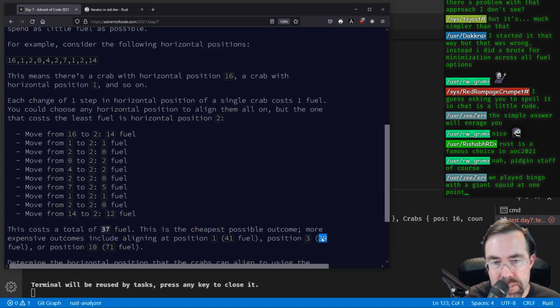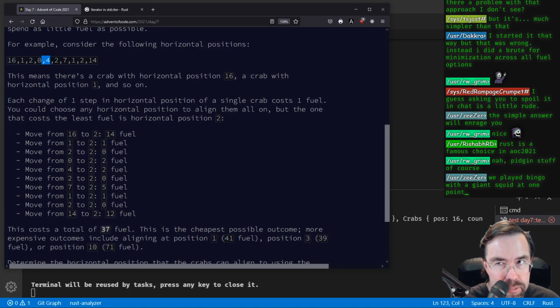I just noticed something. There's even more fuel to move to positions 10, and 3 and 10 and nothing in... oh no, there's a 4. Never mind. One thing I realized right away is that there's no difference between the fuel from 5 to 6 really, because if they're balanced, one side uses more fuel and the other side uses less fuel.